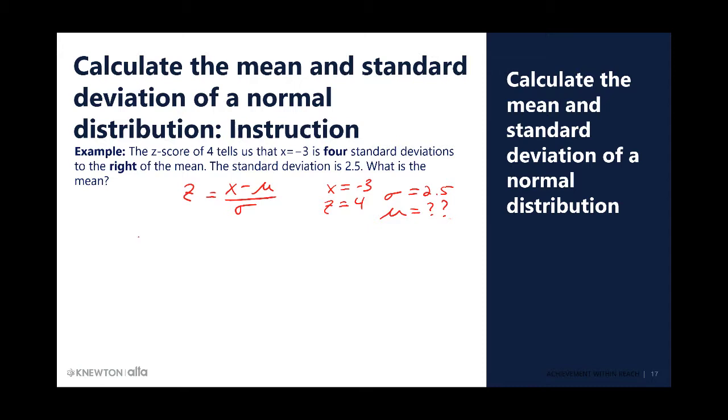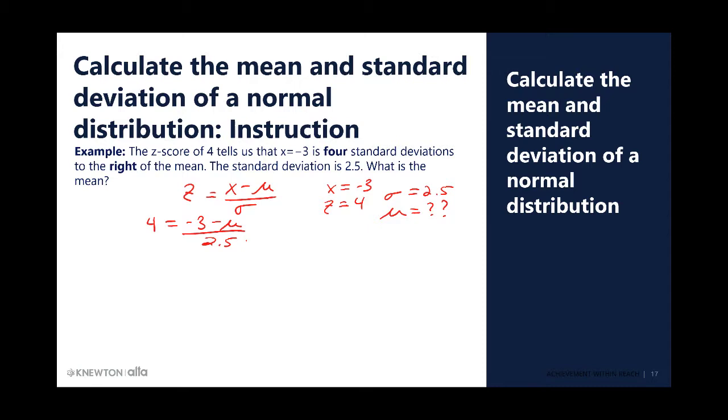So let's fill in what we know into our equation. 4 is equal to our data value, which is a negative 3, minus the mean, we don't know that, over the standard deviation of 2.5. We need to solve this for mu, the mean.